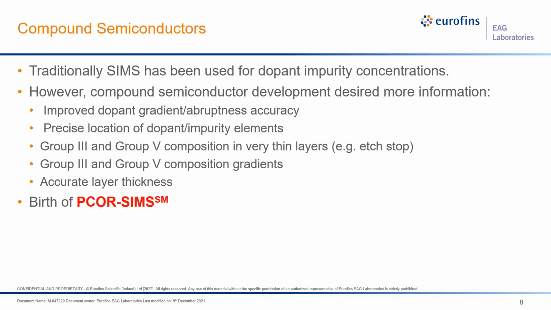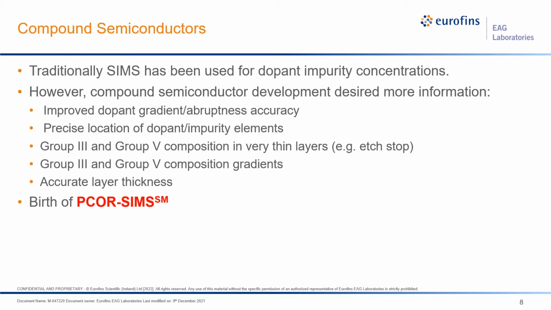And to be able to do troubleshooting or development of the growth of a structure, the precise location of a dopant or impurity element has become very important, and we'll show you examples of that today. Over time, the success of SIMS has led the epitaxial engineers to request quantification of major elements, which back then was not expected to be done with SIMS, as they thought that SIMS is not a good method to quantify major composition.